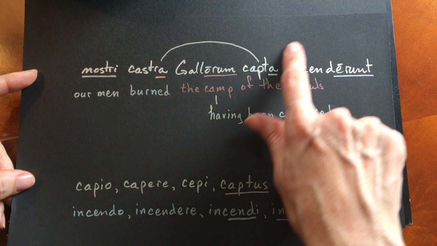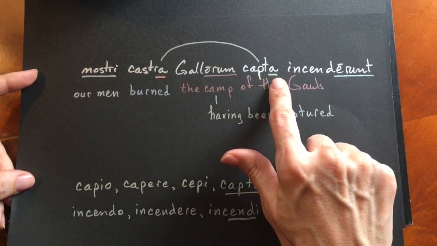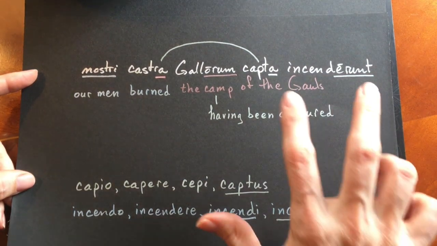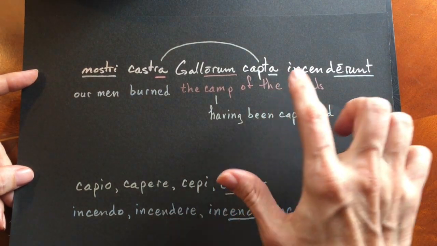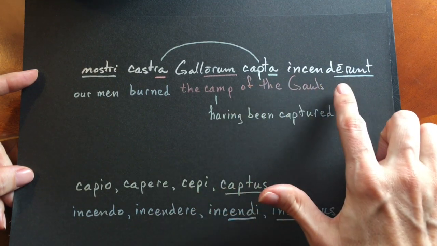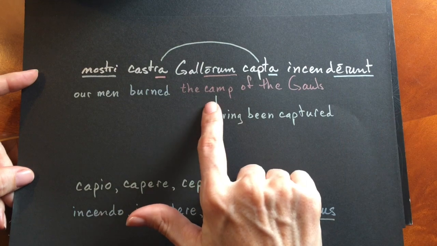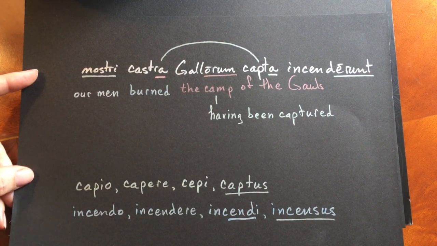To review, nostri castra gallorum capta incenderunt. When we have a perfect passive participle, we know that this perfect passive has happened before the main verb. The camp that has already been captured was burned.